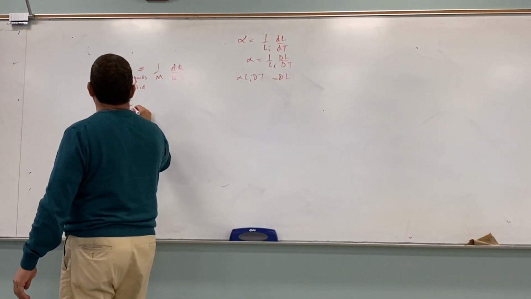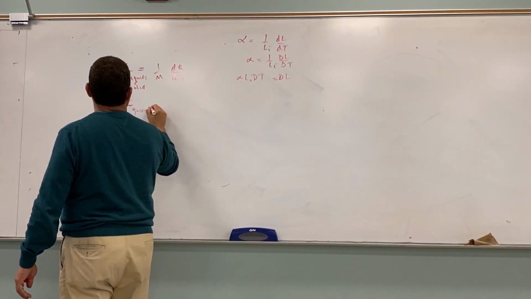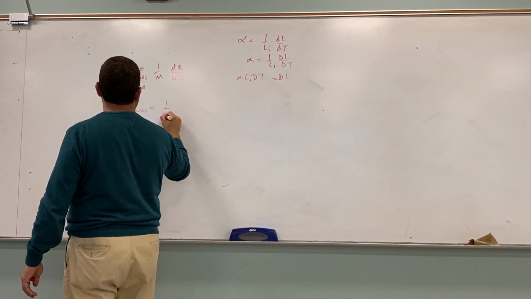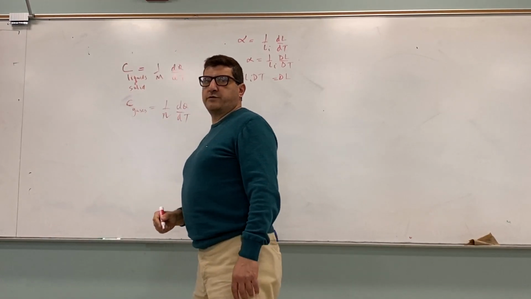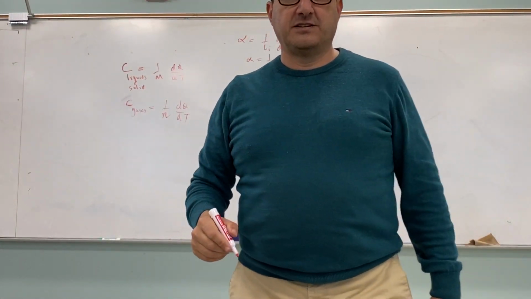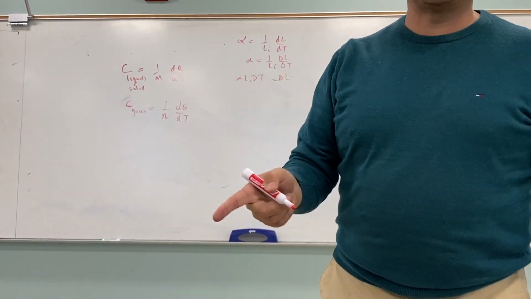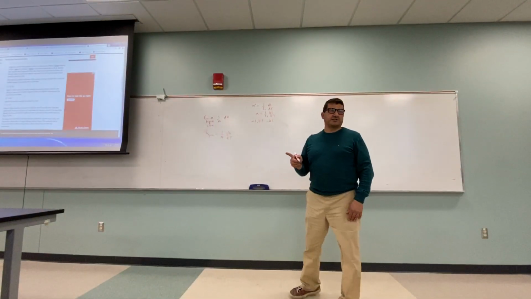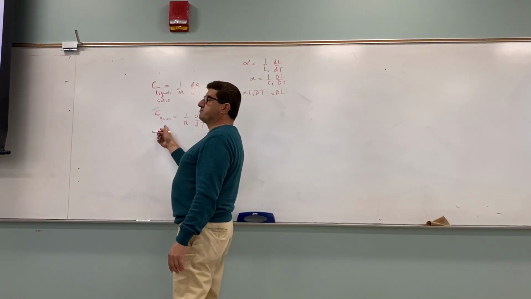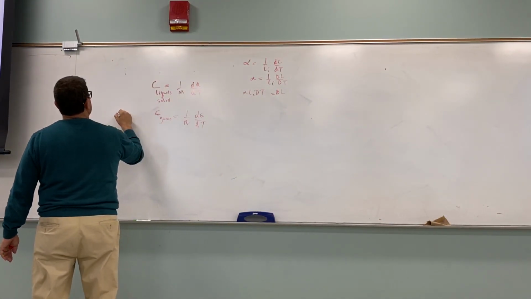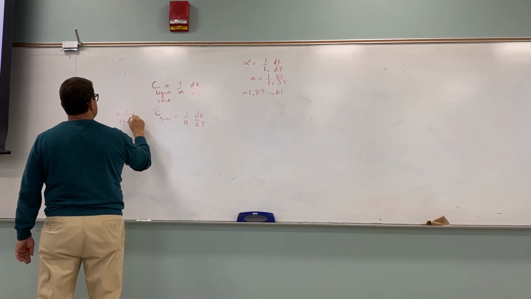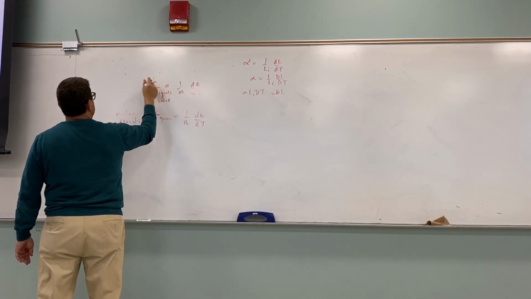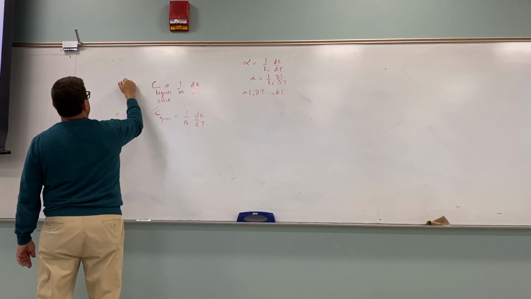So for gases, we usually do 1 over the number of moles of the gas times heat over temperature, 1 over n, dQ/dT. Not so much the mass of the gas matters, but the number of moles of the particles of gas. So this is known as molar specific heat. This one, I guess you could call mass-specific heat.